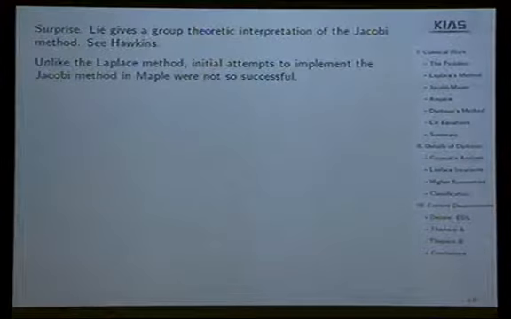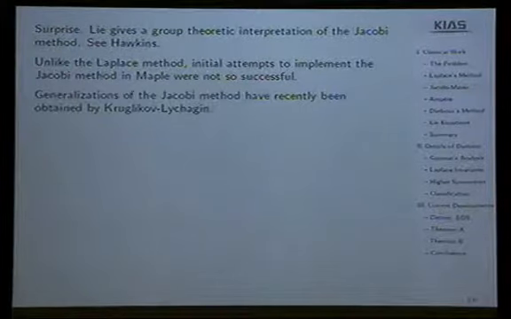Okay, so coming to the other theme that I wanted to talk about, unlike the Laplace method, which was very amenable to implementation on the computer, our first attempts at implementing the Jacobi method were not so successful. So sometimes classical methods, which look great on paper, don't actually work so well when you try a concrete implementation of them on the computer.